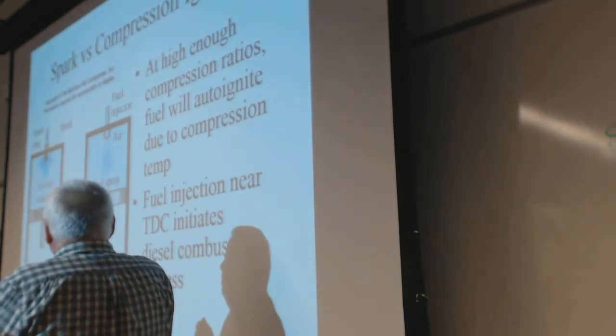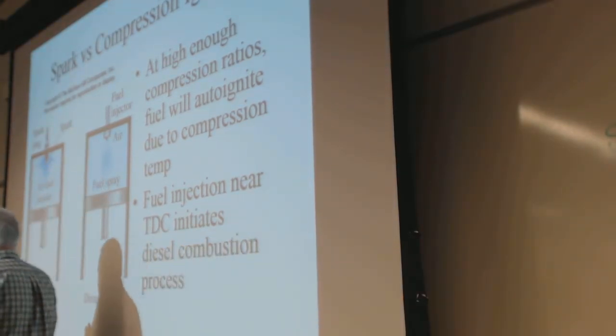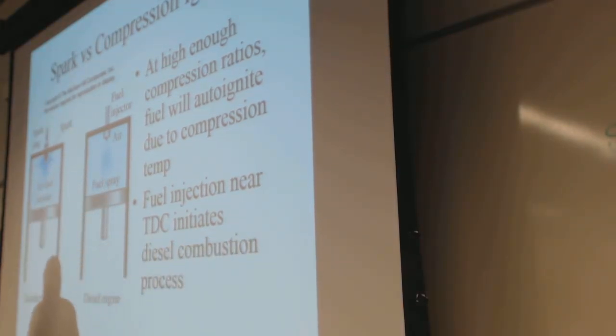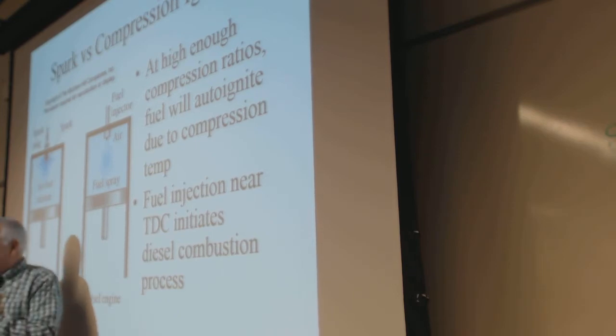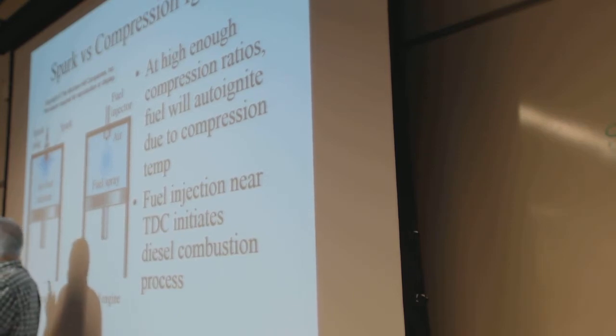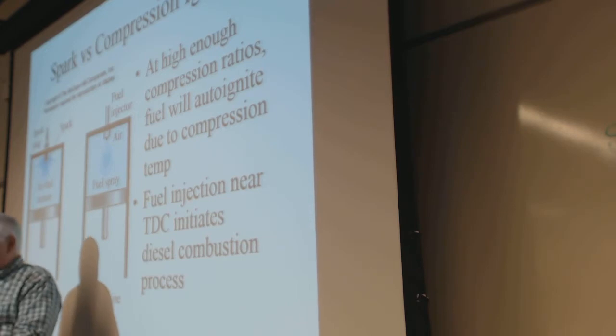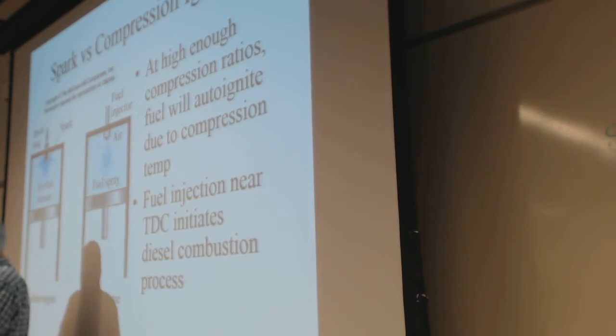What if you can compress it to the point where you don't need a spark plug anymore? Well, it's called diesel. It's called compression ignition. And next time, if I remember, I'll get out my compression igniter. You put a little piece of toilet paper in a glass tube, and it has a piston. You go like this, and toilet paper turns into smoke.